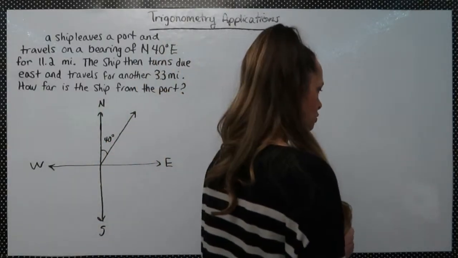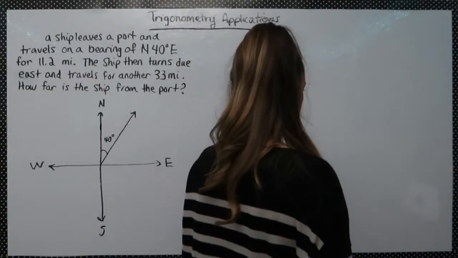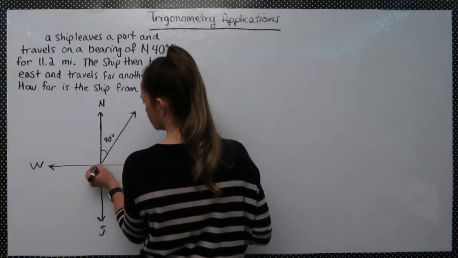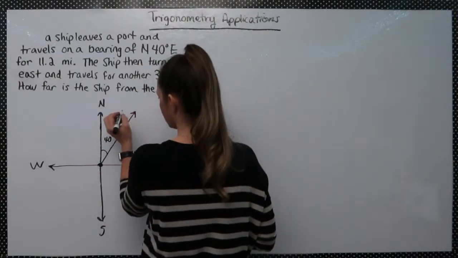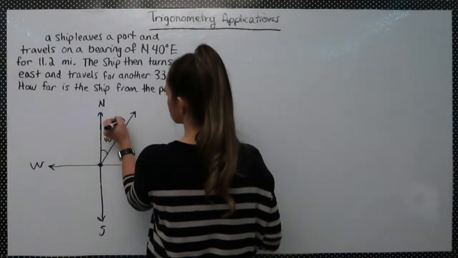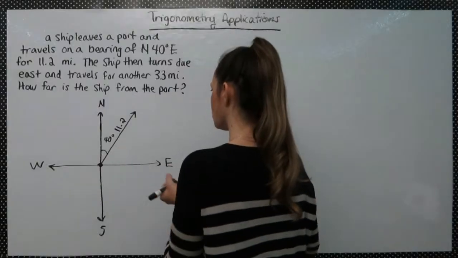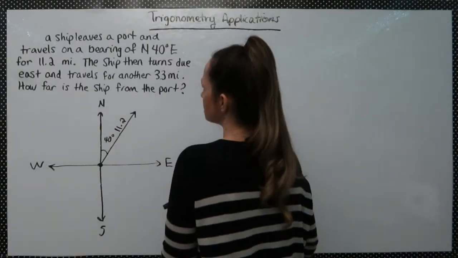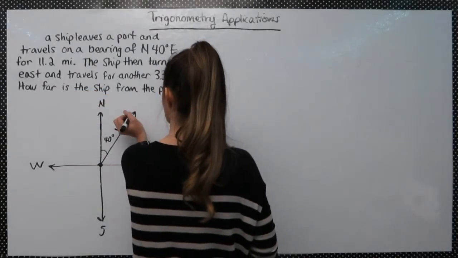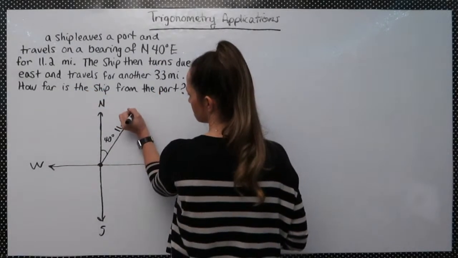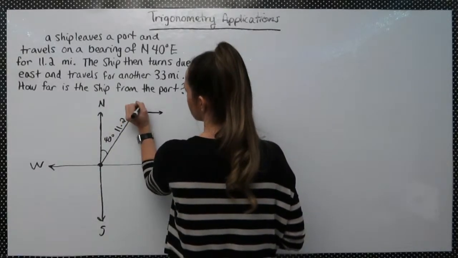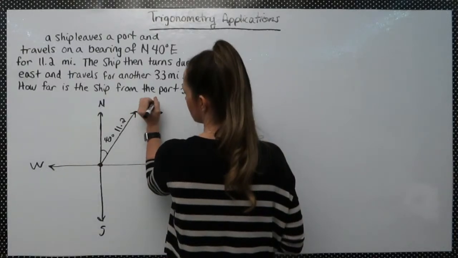So if a ship leaves a port, we'll say the origin is the port, and it's going to leave this port and travel 11.2 miles. This is how we're going to draw the triangle. It says then the ship turns due east and travels for another 3.3 miles. So for due east, I would just draw a horizontal line, and this one is going to be 3.3 miles.